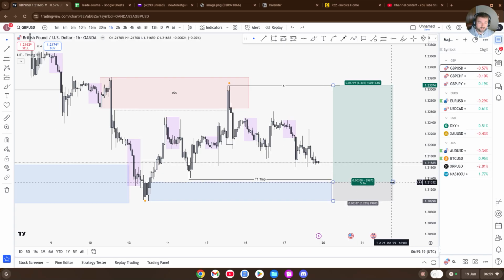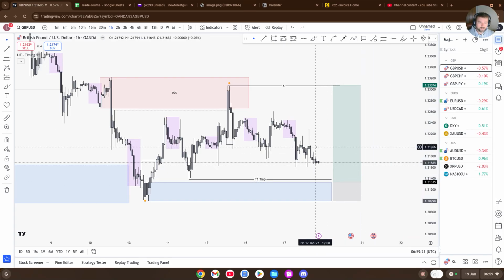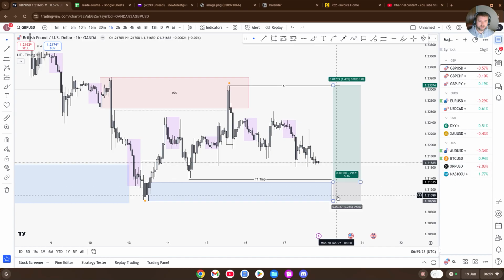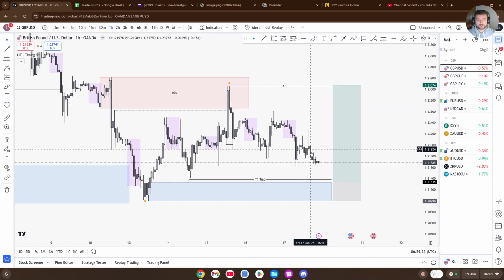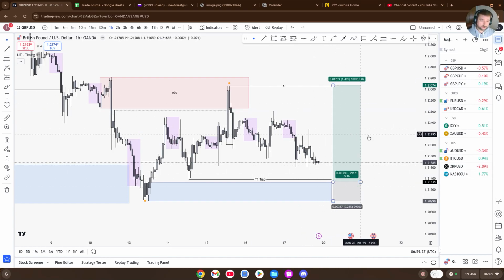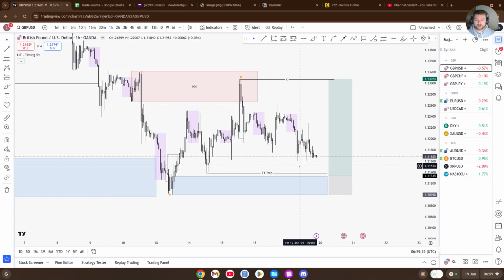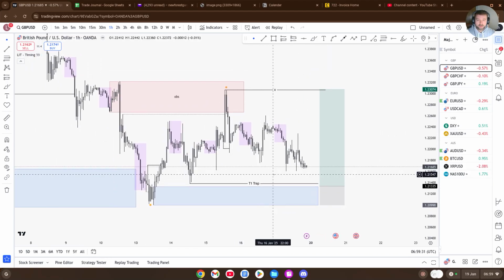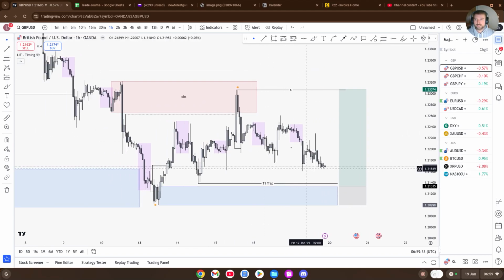That would be a nice trade. So the question is, do I want to mess about taking the shorts down to here, or do I want to wait for the longs? I'll probably just wait for the longs, to be honest. I'm in no rush this week. So that is my analysis on GU. Probably not as detailed as the first video that had no sound, but yeah, that's that.